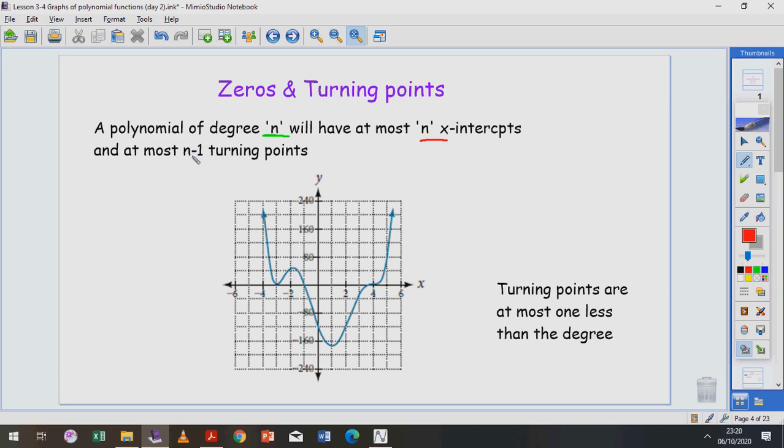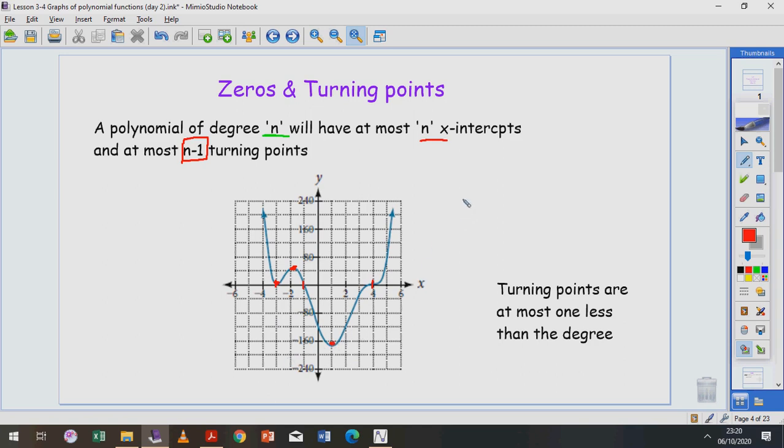And if it has degree n, then its turning points will be n-1 at most. So if you look at this polynomial, it has 1, 2, 3 x-intercepts, and then it has 1 turning point here, another turning point, those are 2, and another, those are 3 turning points.